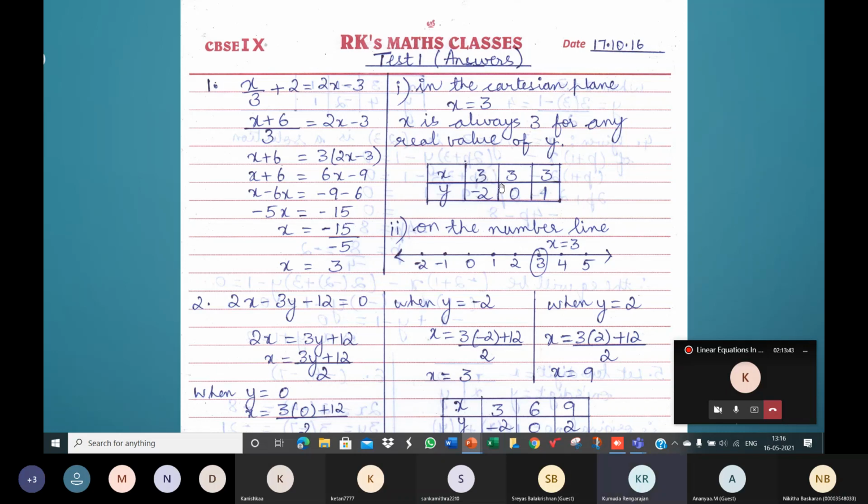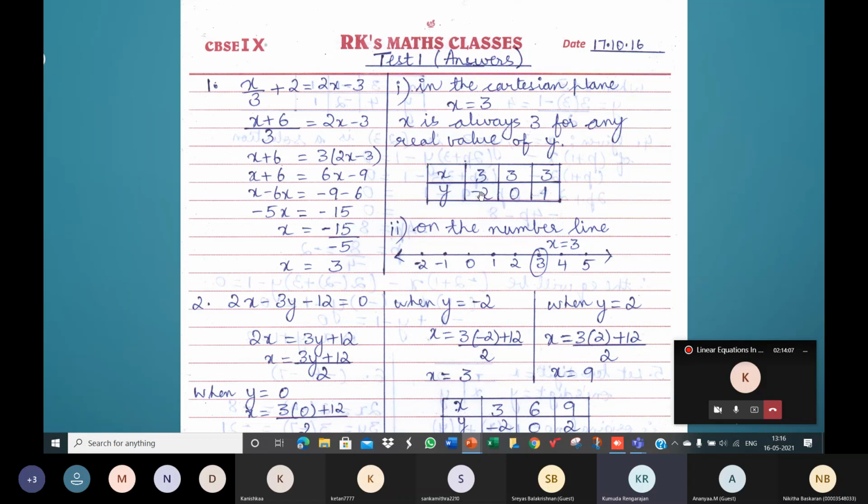Next, in the same equation, give y is 0. Solve. You will get x is 3. Again, use y is 1. So 0 into 1 is 0. On solving, you'll find x is 3. That means x will always be 3 for any value of y.